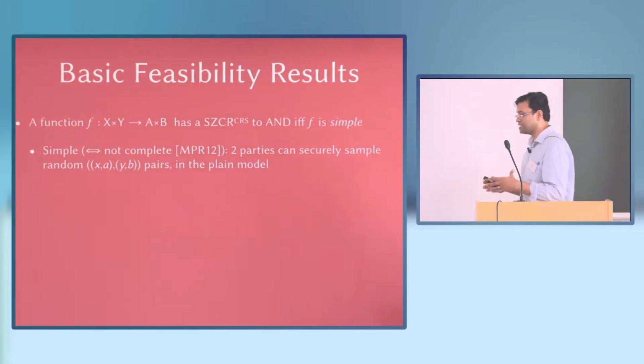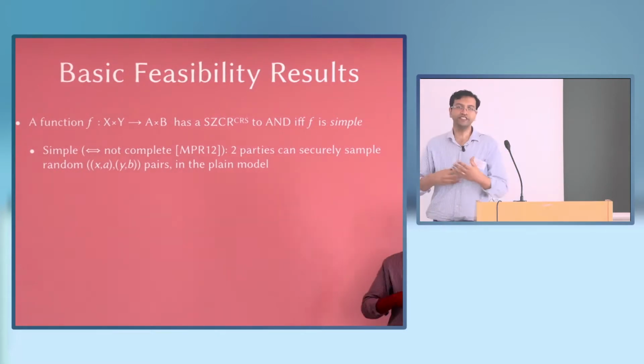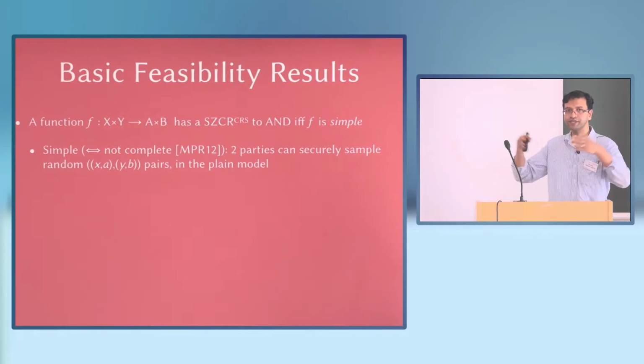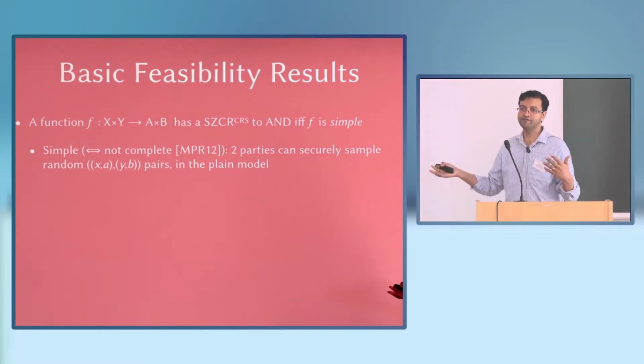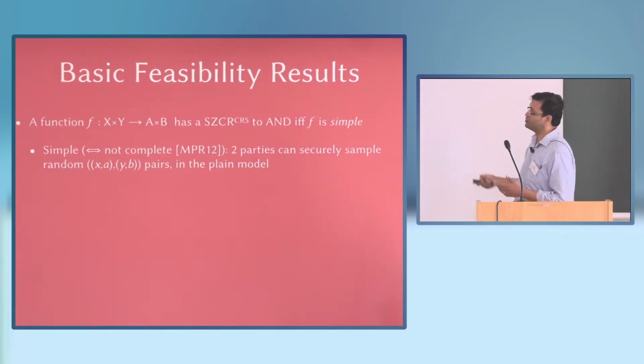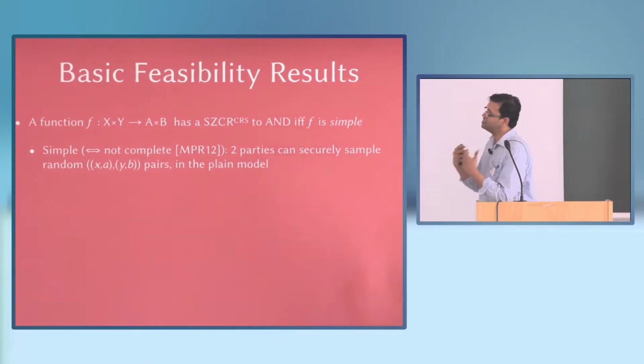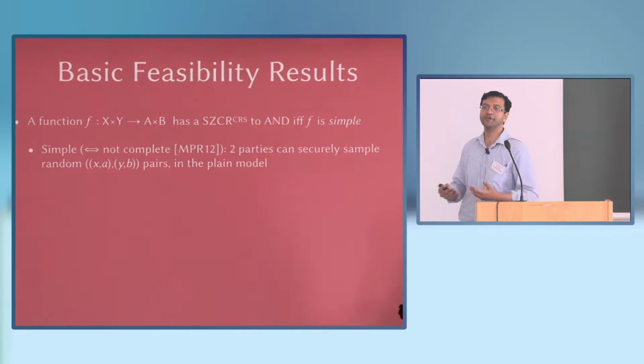That whole functionality is something which you could securely implement. So there is some common information, and conditioned on common information, your views are independent of each other. That's simple. So a simple function is one for which this randomized function is trivial to securely compute.